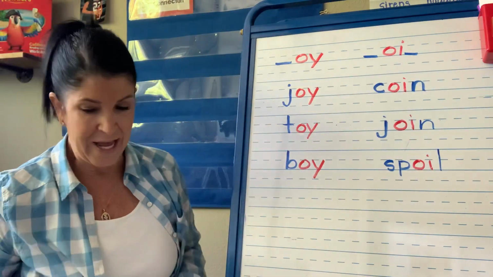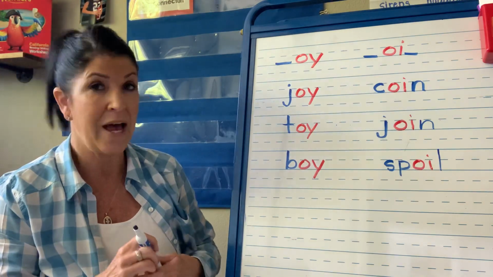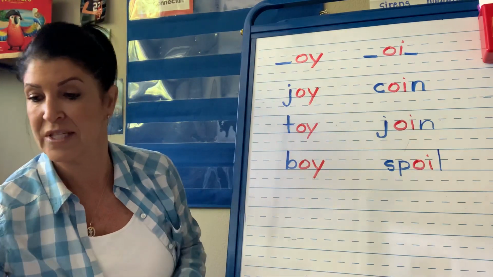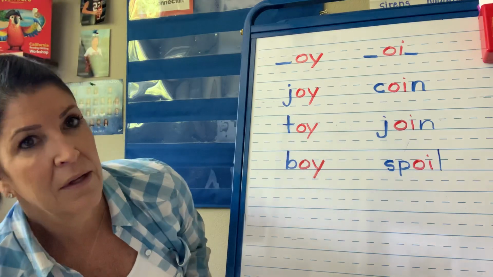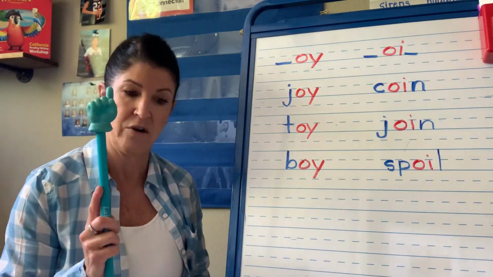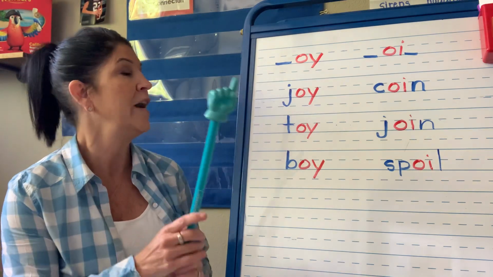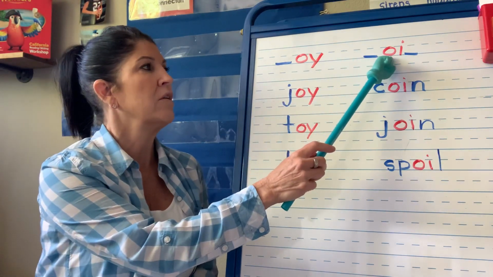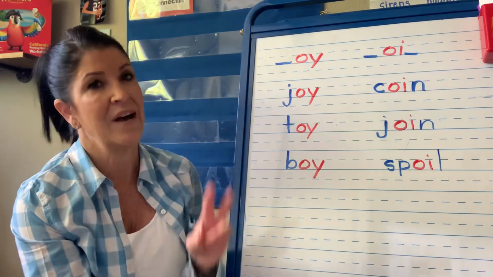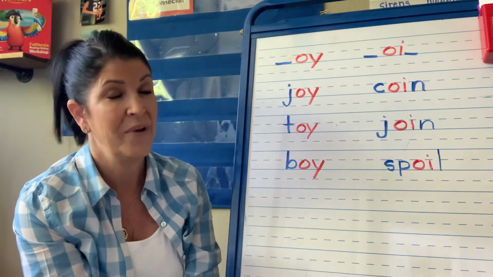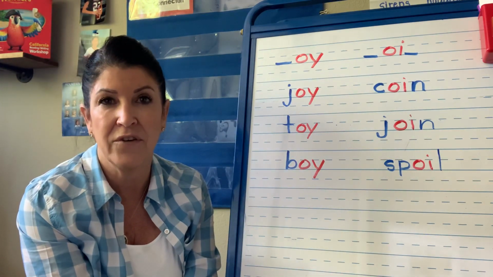So let's take a look at these words that we have for this week's spelling. I'm going to take out my pointer, which actually has the O-I sound in it, oi. Now, when I look over here, this O-I, we have two vowels together, but this is not two vowels go walking and the first does the talking.